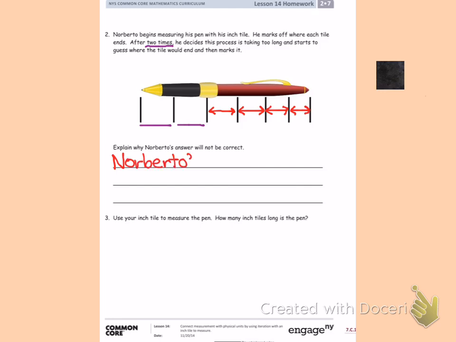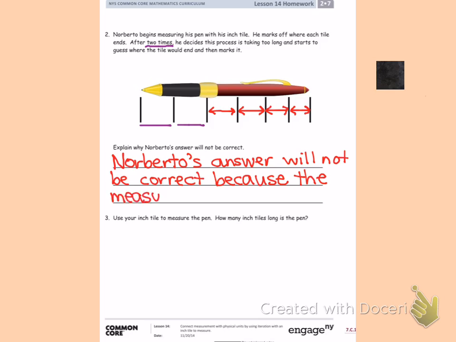Norberto's answer will not be correct because the measurements between the marks won't all be 1 inch.